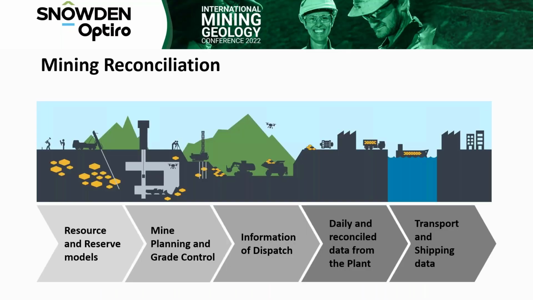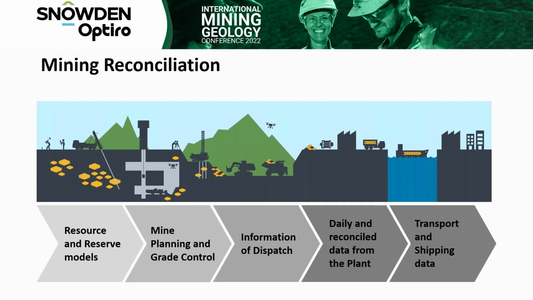Okay, so the mining reconciliation, this won't be new to anybody, but what I wanted to do is just draw attention to the fact that there is so much data available. We have the resource reserve models, we have mine plans, we have grade control models, we have other types of models. Maybe it's an ore control model, maybe it is a muck pile model.